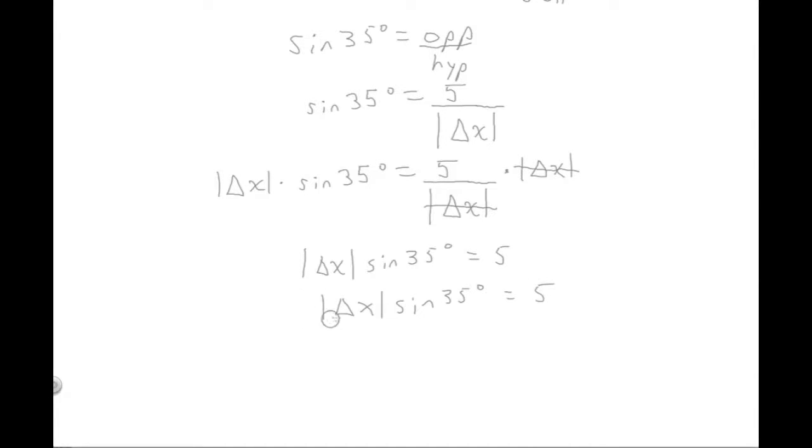We're trying to solve for the magnitude of delta x, so we have to get the magnitude of delta x by itself. So now we're going to divide both sides by the sine of 35 degrees.